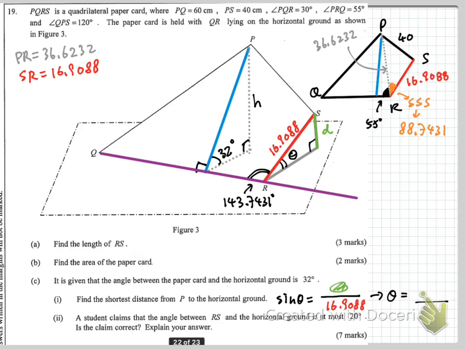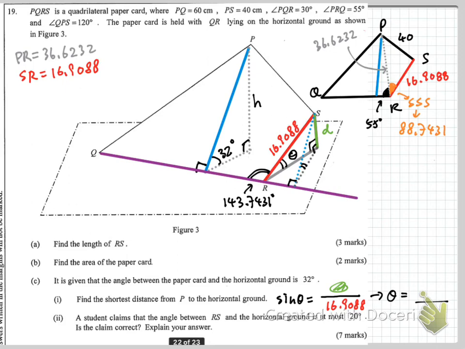We draw a common line. I put it in a red dotted line, a blue dotted line. We draw the blue line that is also parallel to the original blue line. In other words, it is perpendicular to the purple line. And then this angle will be 32 degrees, because this is also a right angle.